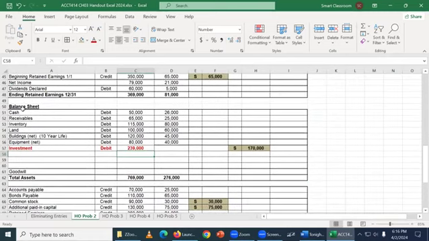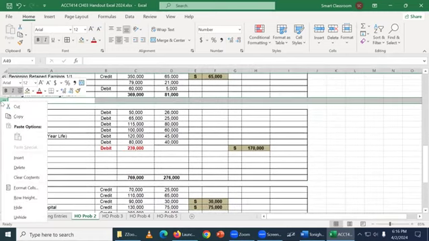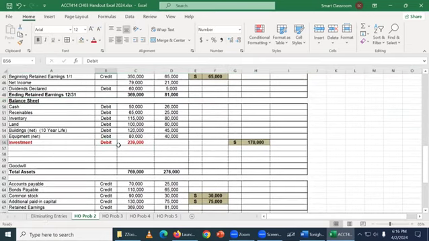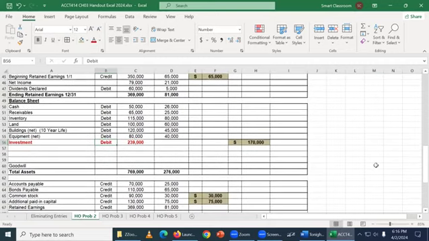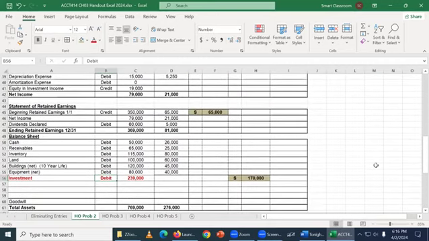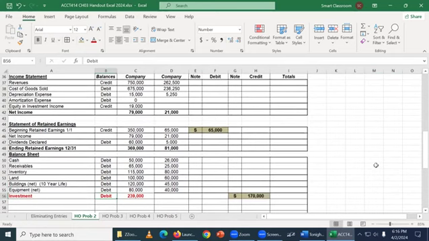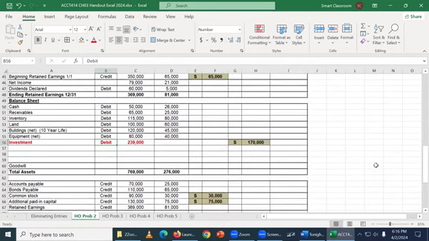Trying to get these all on the same sheet. All right. So any question on that?